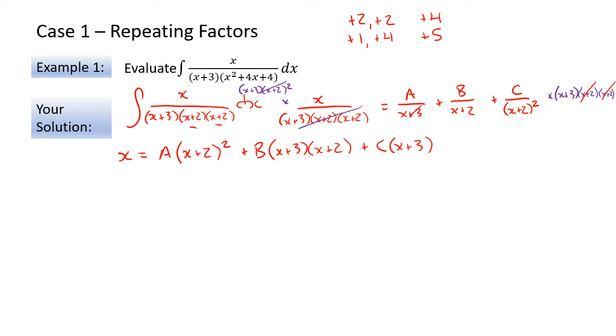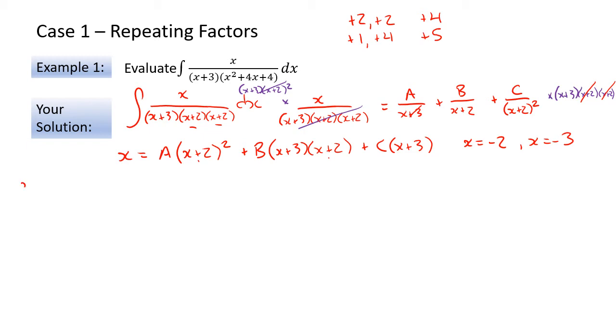So again, just like in our last example, there's only two factors here. There's when x is equal to negative 2, it'll zero these factors. And when x is equal to negative 3, those are the only two factors we can use. So we do those, solve for those two terms, and then we can substitute a different value in for x to solve the remaining term.